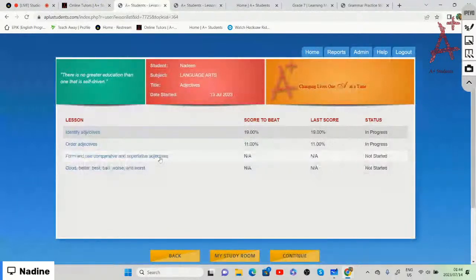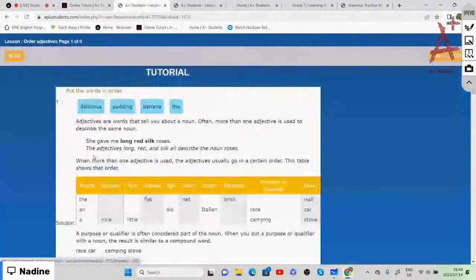All right, so that is identifying adjectives, right? And we also did the order of adjectives. And in the order of adjectives, we were able to see which order based on the table. We cannot just put our adjectives randomly before the noun. There's a specific order that we need to follow. For example, we first put the article.